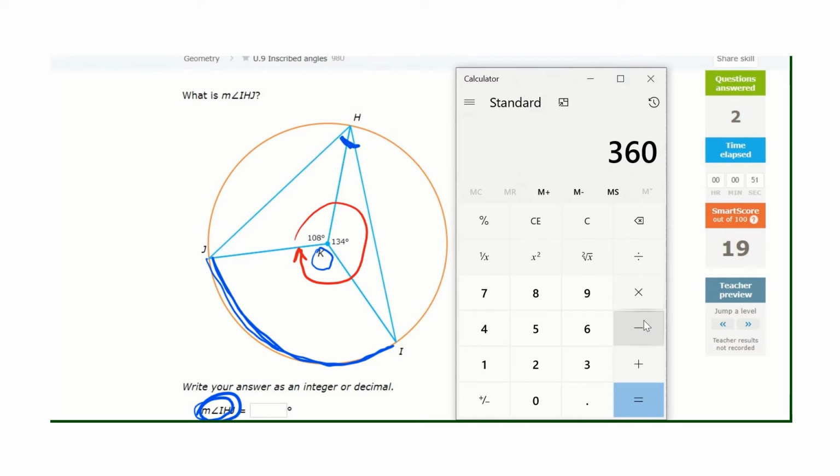Let's say the prize patrol gives you $360, but there are 3 people that have to share it. The first person spends 134 of those dollars, leaving 226, and then someone else spends 108. How much is left for poor kid K here? 118. So K is 118.